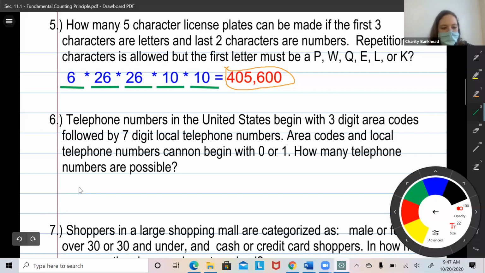Okay, so you've got your 3-digit area code, 1, 2, 3. And then you got your telephone number, which is 7 more digits.